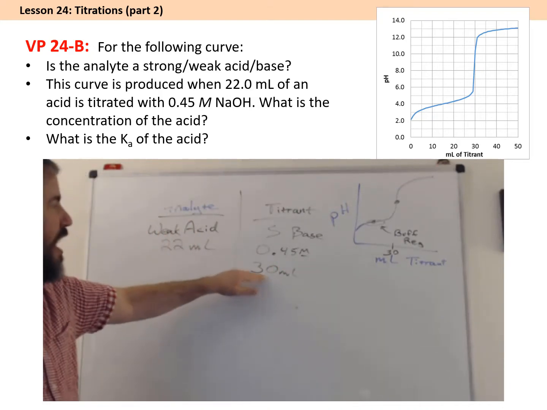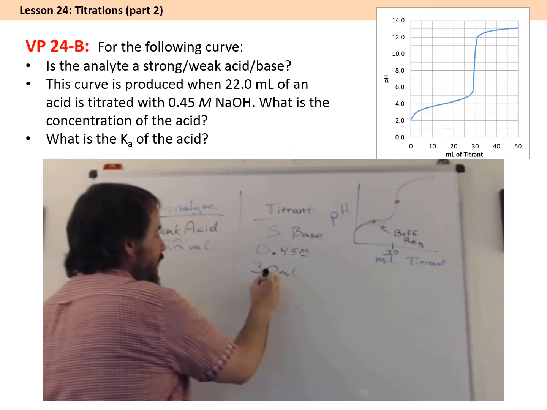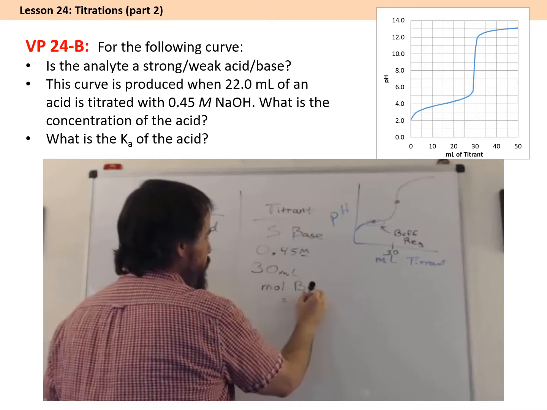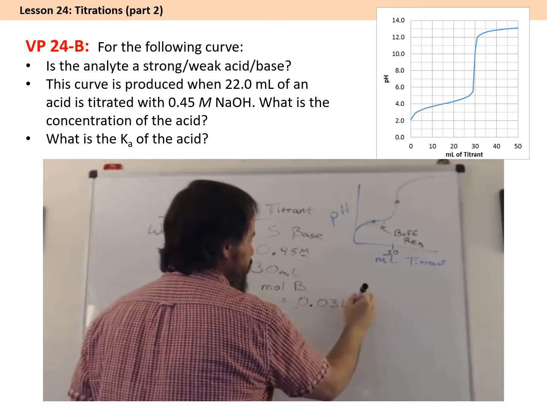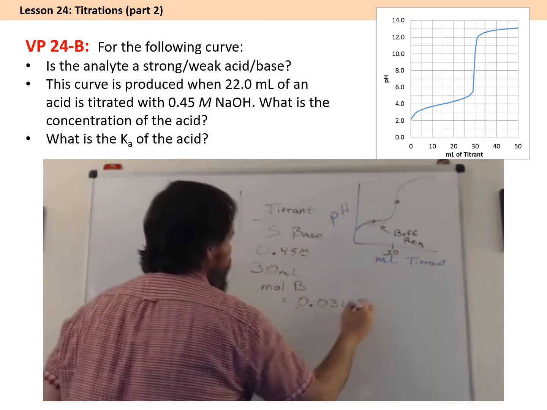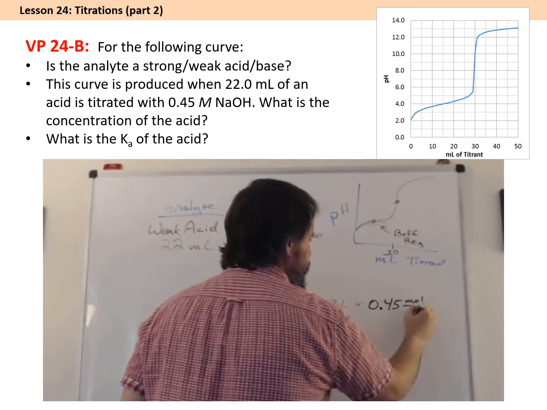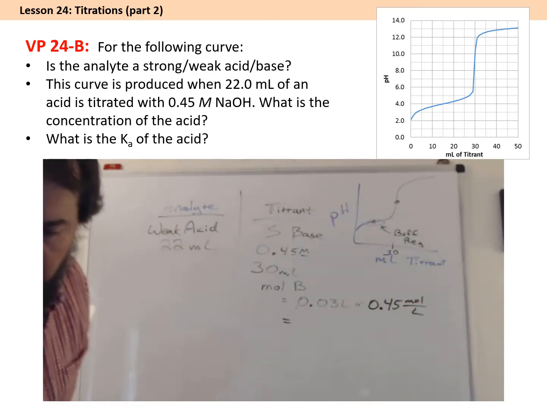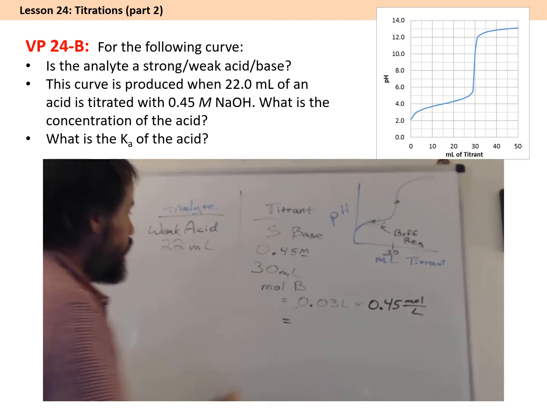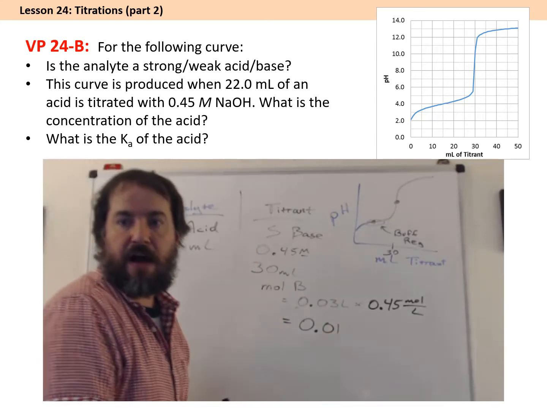At 30 mLs, I have equal amounts of acid and base. So let's use that. Moles base equals 0.03 liters times 0.45 moles per liter. And that's going to get me 0.0135.